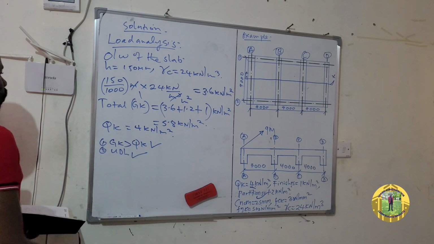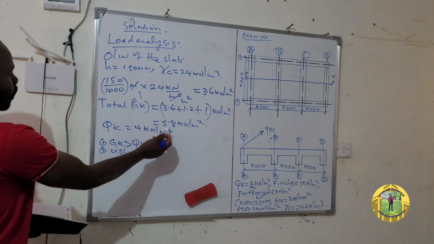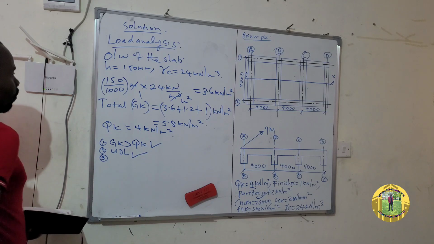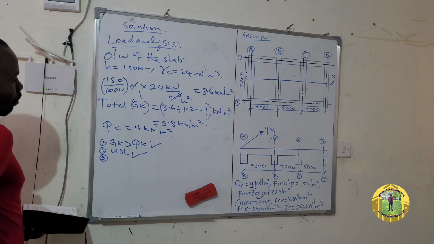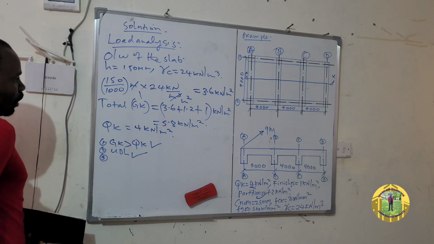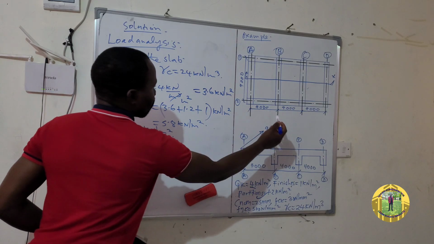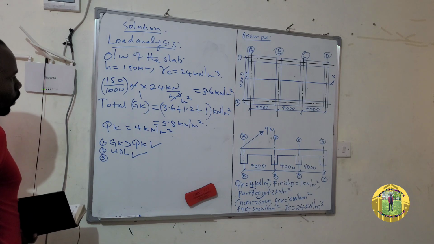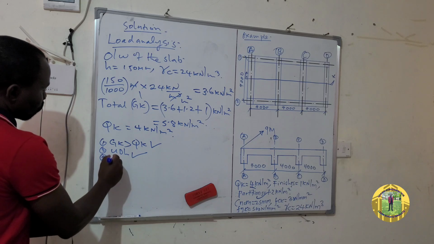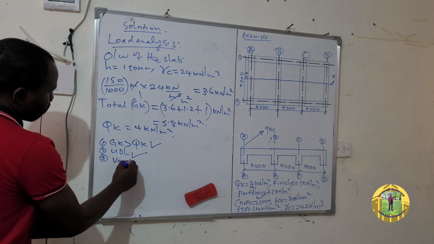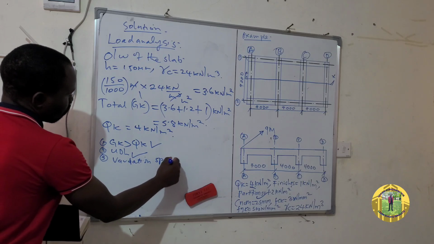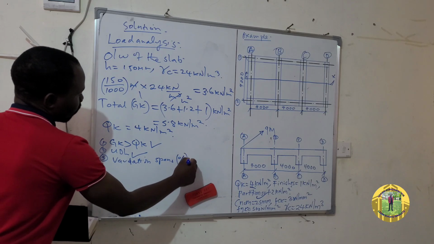So the QK is a UDL and the GK is a UDL. And number 3, the variation in spans must not exceed 15%. As you can see, the variation in span is 0%, so this one is okay.